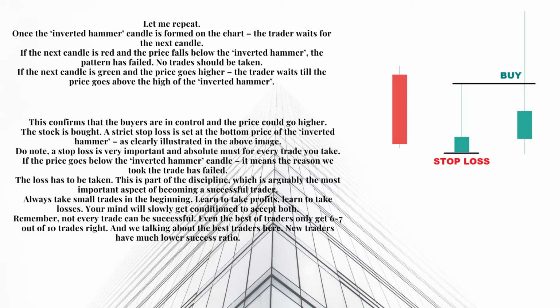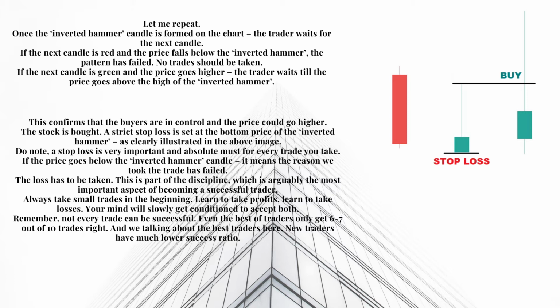If the next candle is red and the price falls below the inverted hammer, the pattern has failed. No trades should be taken. If the next candle is green and the price goes higher, the trader waits till the price goes above the high of the inverted hammer. The stock is bought. This confirms that the buyers are in control and the price could go higher.